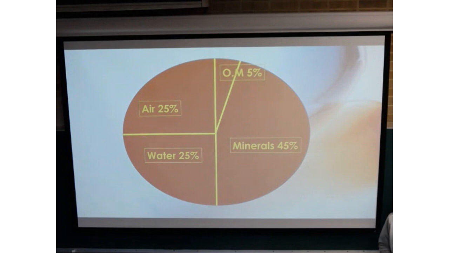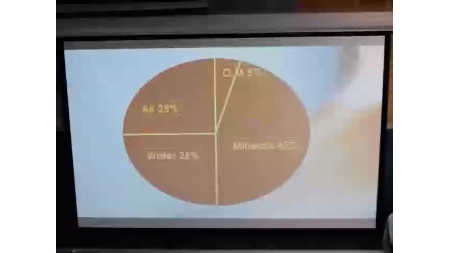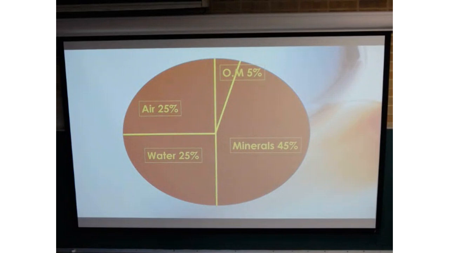Why? Because organic material is solid, and mineral is solid. So if we talk about the solid in the soil, that is 50%. However, if we talk about mineral in the soil, that is 45%, and 5% is organic material.